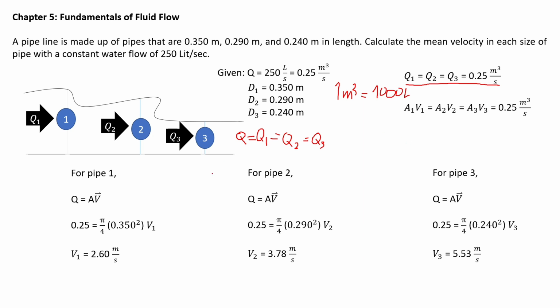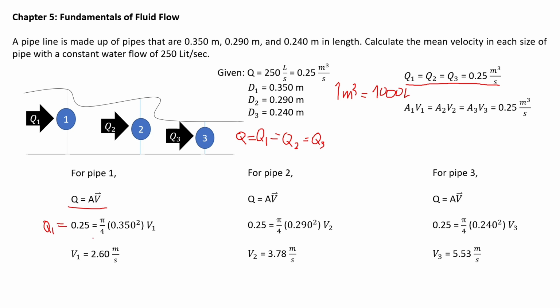So first is our pipe 1. Flow is equal to area times the velocity. So Q1 is equal to 0.25.